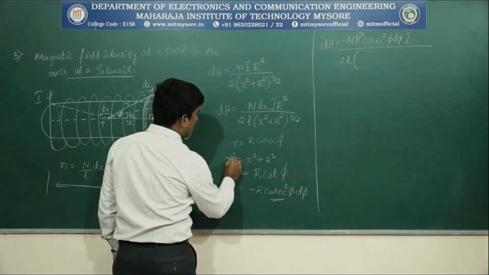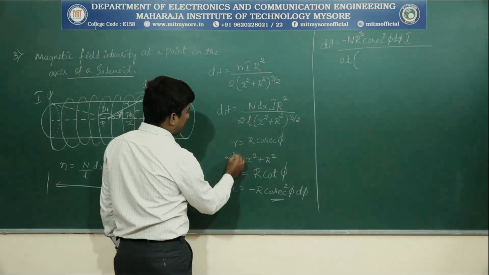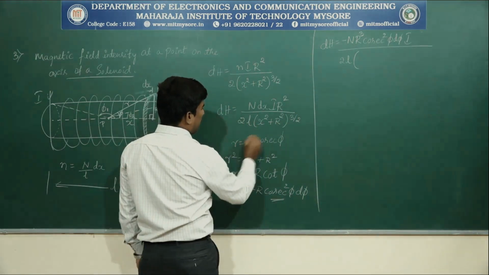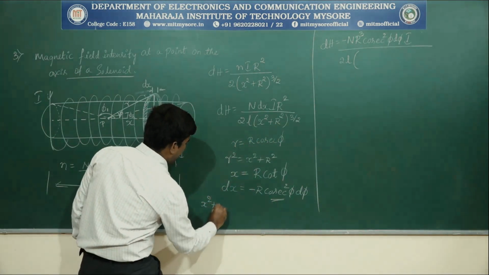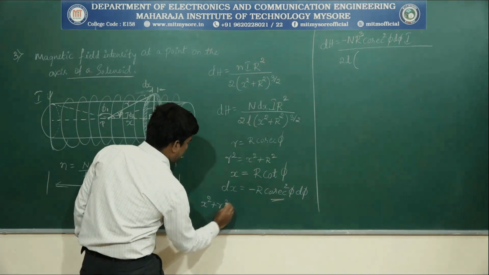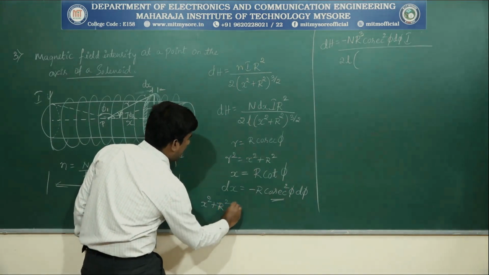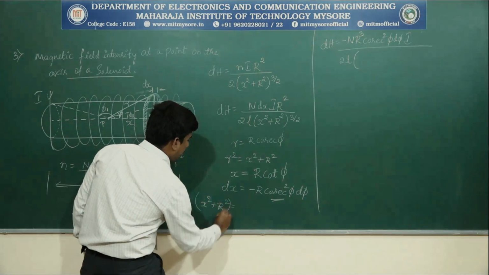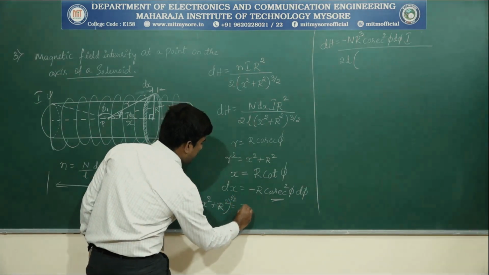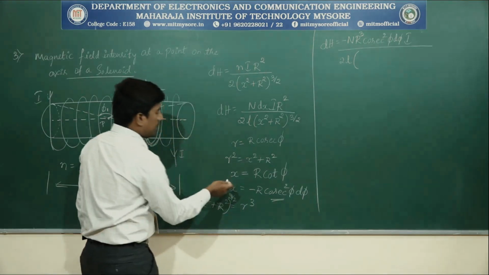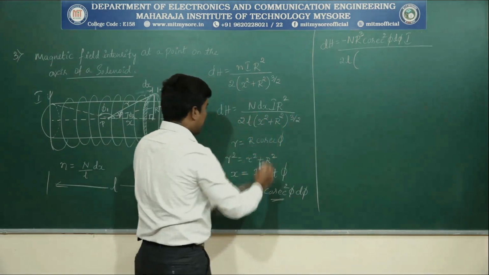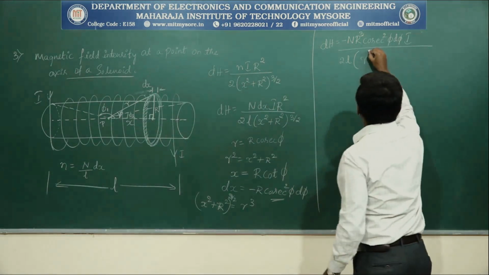See, this r can be written as what? R cosecant phi. This x square plus R square whole power 1 by 2 is equal to r. So whole power 3 by 2 can be written as r cube.